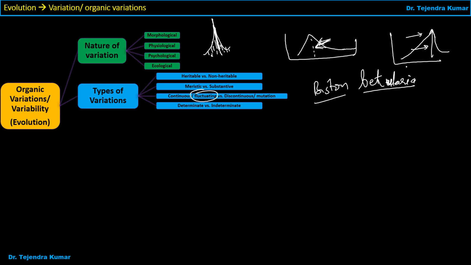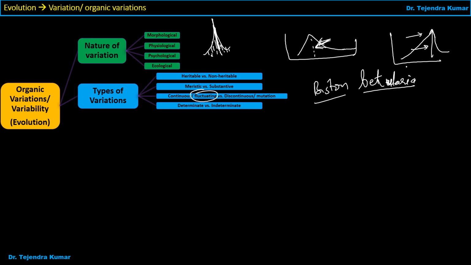Second is the indeterminate variation. Okay, so indeterminate variation can be seen, meaning these are not conceivable types of directional variation.